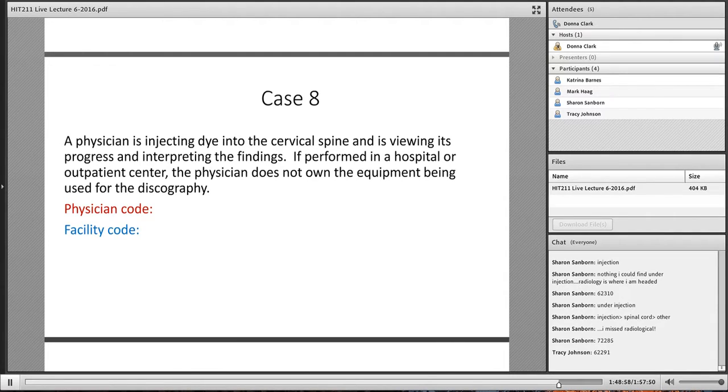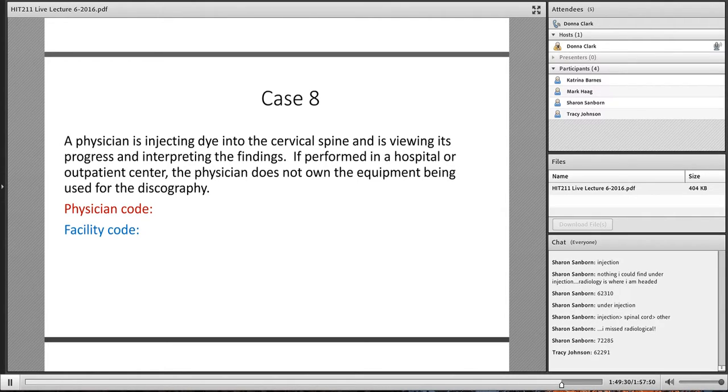Let me read that out. So we went to discography, injection, and 62291 says, injection procedure for discography, each level, cervical or thoracic, right?